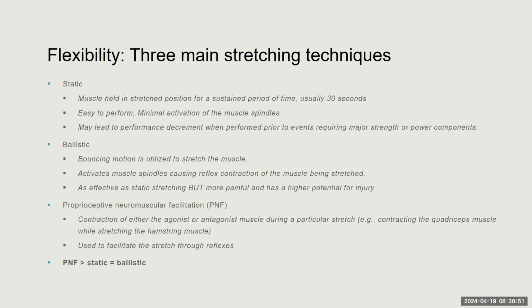So if you're trying to stretch the hamstring and contract the quadriceps, that's how that happens. A lot of times you really need a second person to help facilitate these. However, PNF has been found to be the far more effective technique compared to the other 2. Static and ballistic are about equal, but PNF is superior to both.